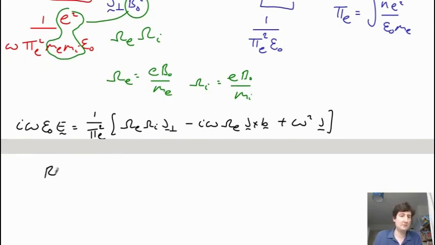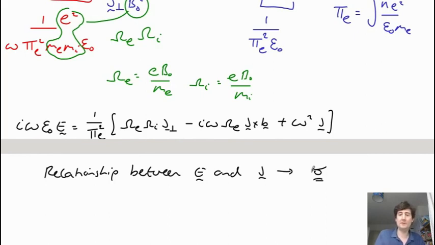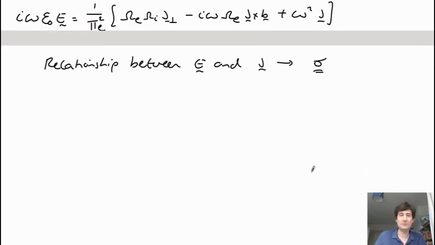To actually write down what this tensor looks like, we need to pick a coordinate system, a basis of some kind, so we need to pick a direction. What we're going to do is choose a z direction along b, so that b is just b z. Then we can choose an x direction along k perpendicular, so k basically has a component along z, along b, and a component perpendicular to z, which I'm just going to call x.